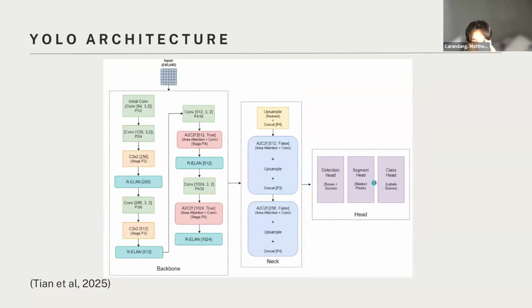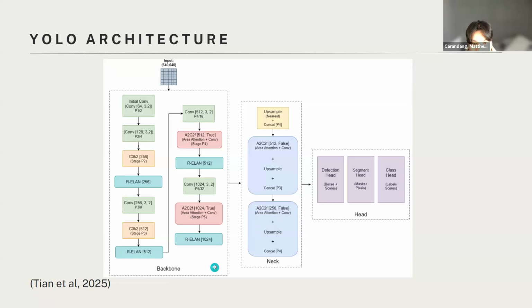So moving on, here's a more modern YOLO architecture. I believe this is YOLO V12. We're not gonna be diving into too much detail on this architecture since it's an introductory lecture.